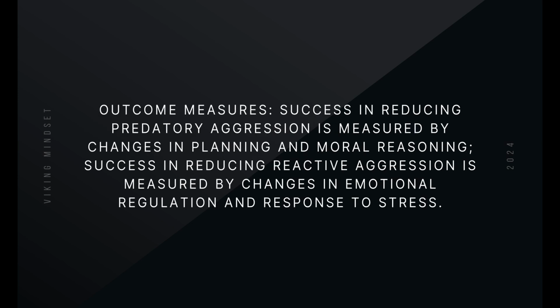Now, as far as outcome measures go, success in reducing predatory aggression is measured by changes in planning and moral reasoning. Success in reducing reactive aggression is measured by changes in emotional regulation and response to stress.